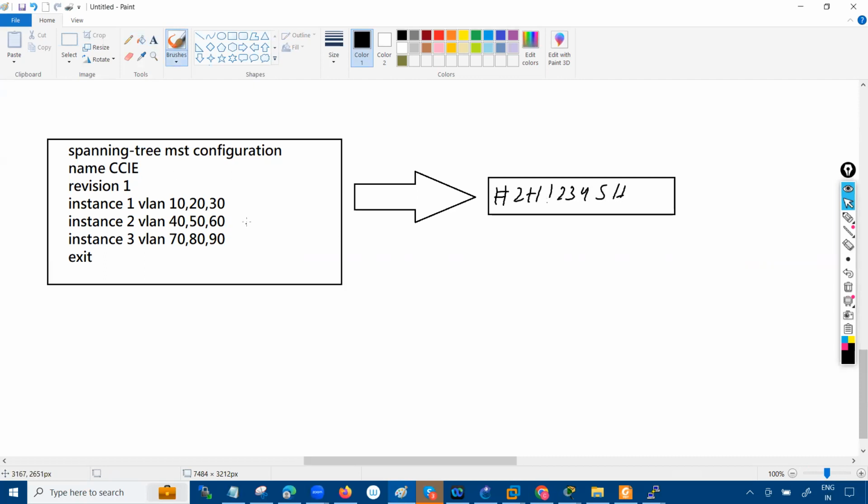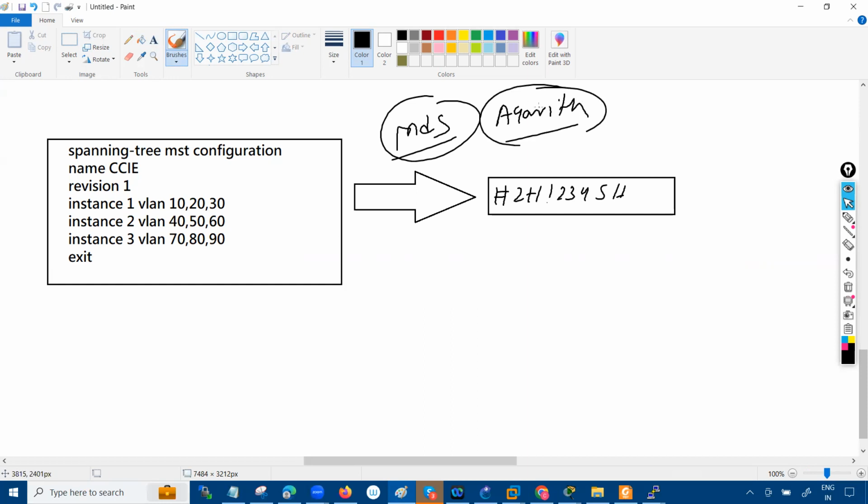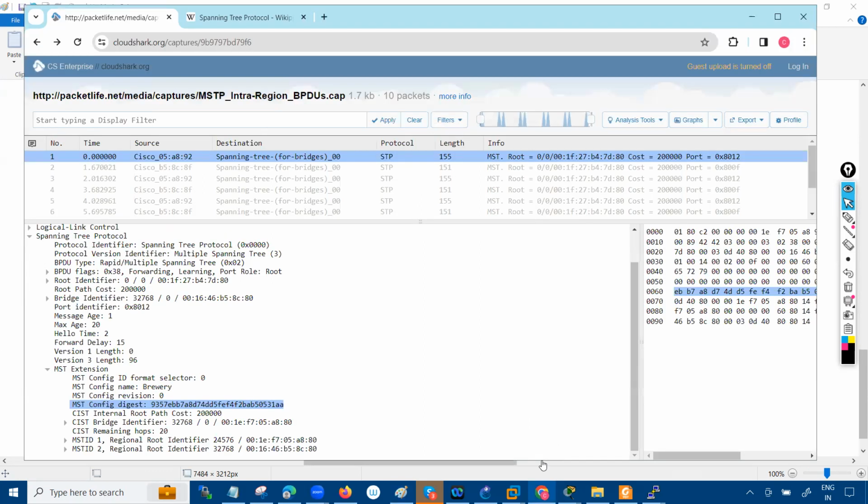How are these things done in the background? They are using the MD5 algorithm. What I'm asking is, for 3 instances together, how can you get the hash value?